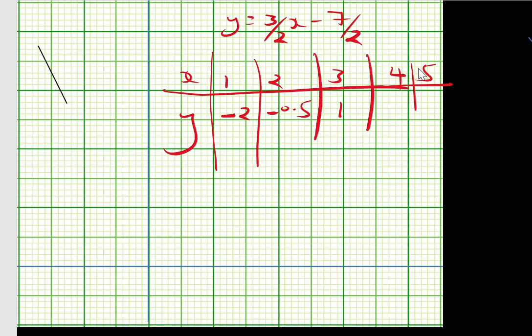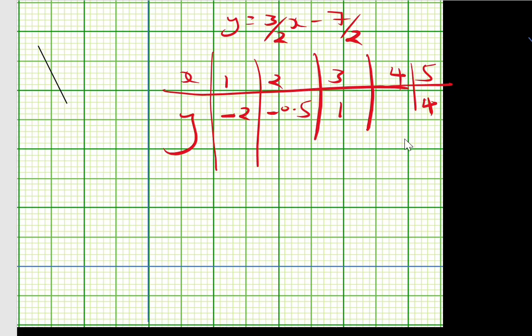When x is 5, it will be 3 over 2 times 5 minus 7 over 2. Can you see the answer is 4. So for this one it is 4. You can also fill this one.